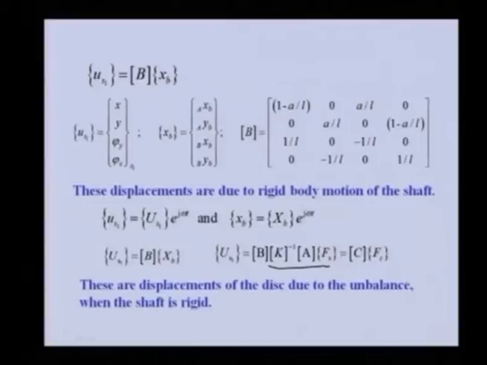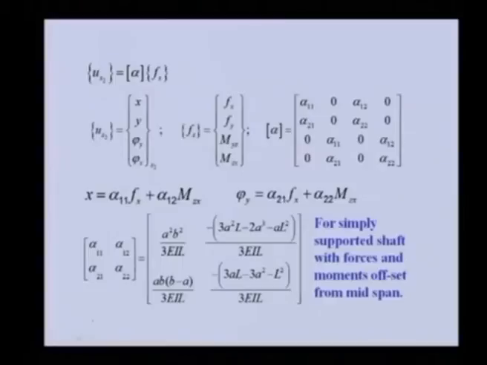Now, we will go for the flexibility of the shaft. When we were considering the Jeffcott rotor model with offset disc, we related the displacement of the disc location with the shaft reactions using the influence coefficient matrix.